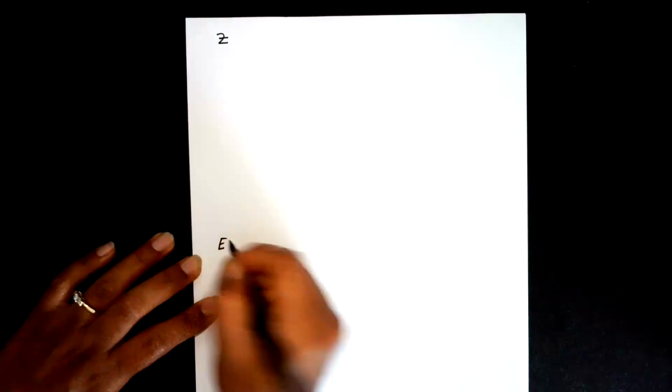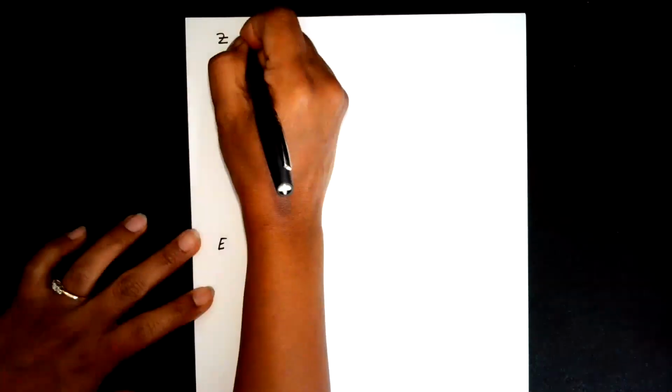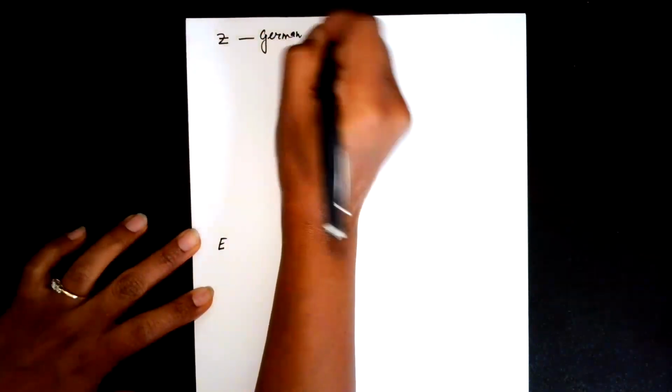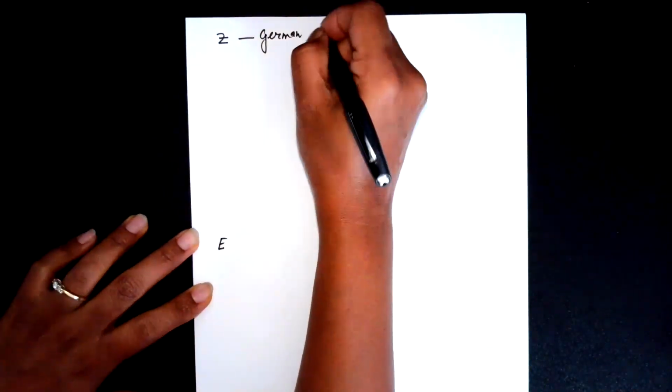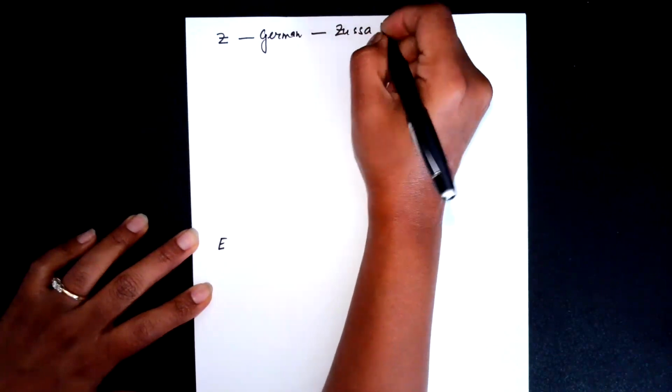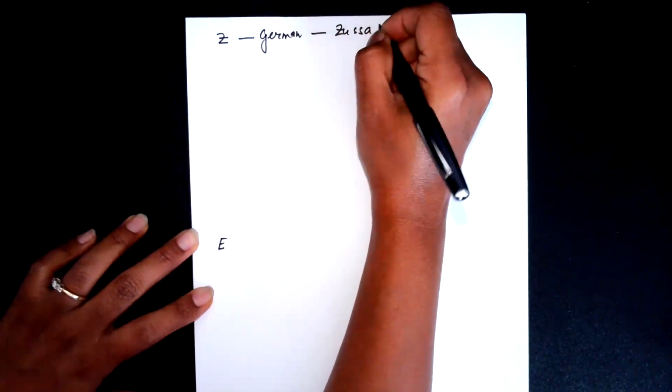So here is the Z and here is the E. Again, I left some space so that I can draw some molecules. Z comes from a German word, zusammen.